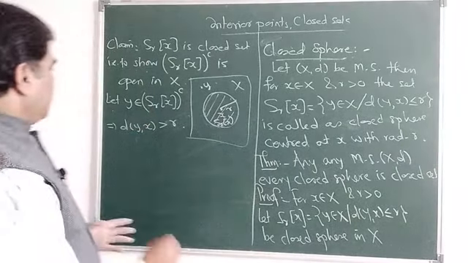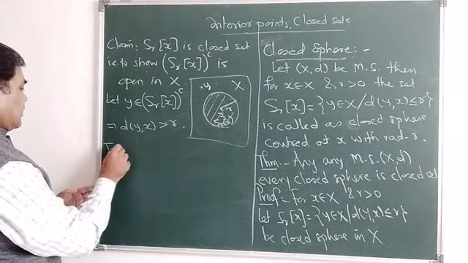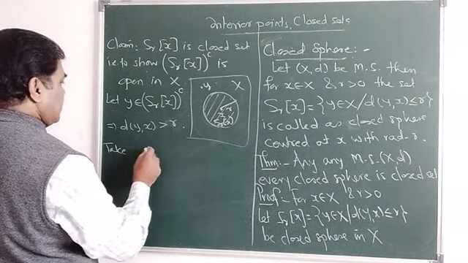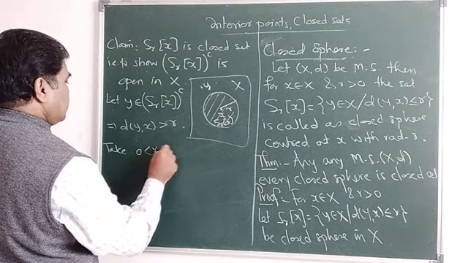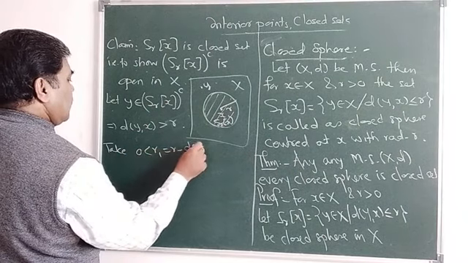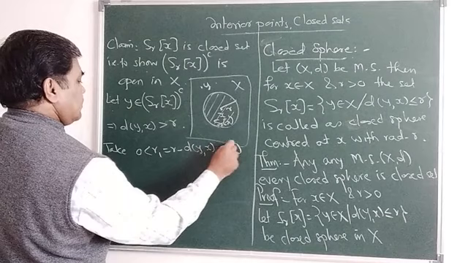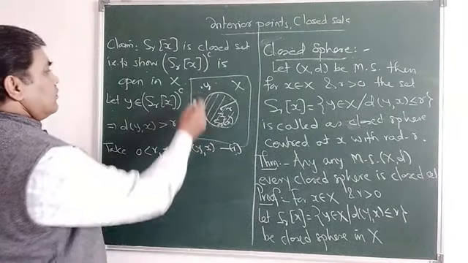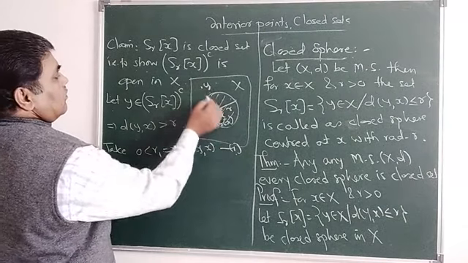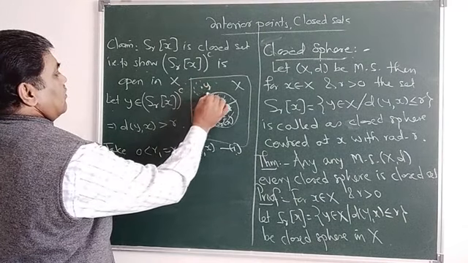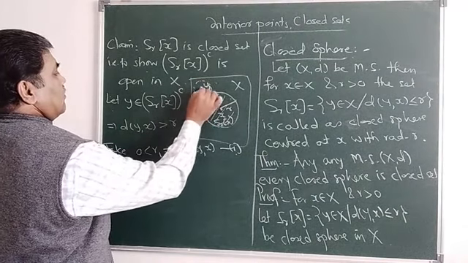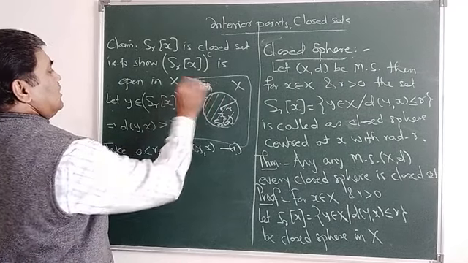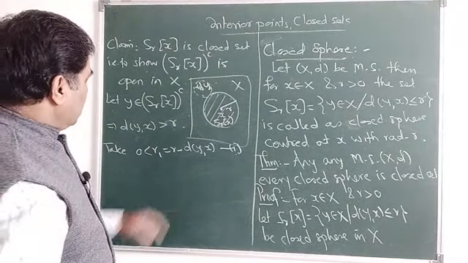Take r1 such that 0 less than r1 equal to d(y, x) minus r. This is my r1. Okay.